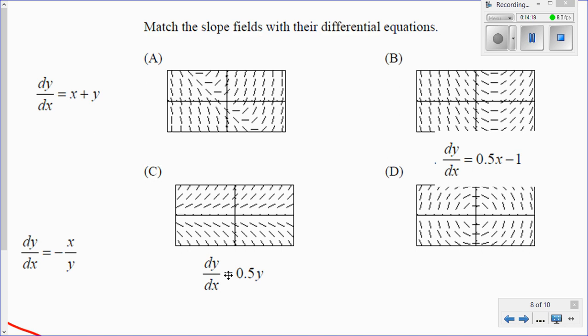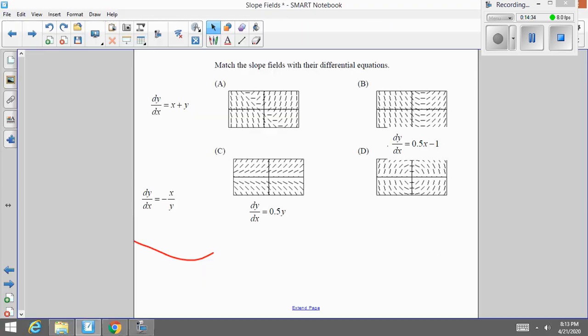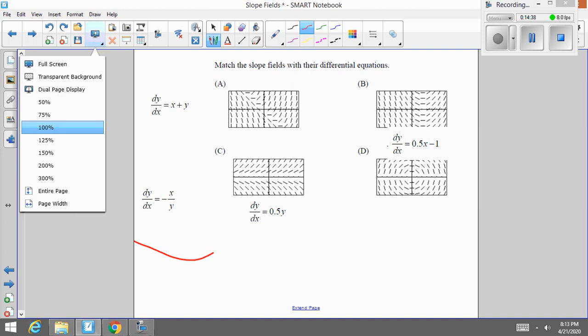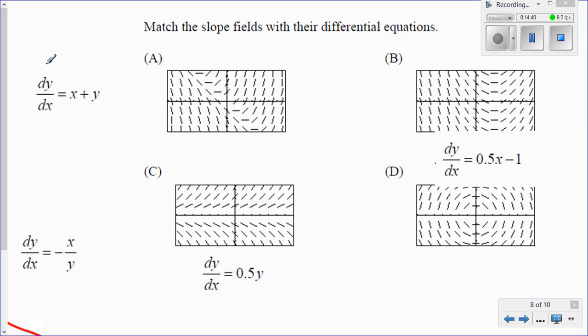Now, for the other two, I would probably pick some points. An easy thing to do is maybe start where you have horizontal tangent lines. So for instance, let me go back to my pen. I'm noticing in slope field A that we have a horizontal tangent line at the point (1, -1).